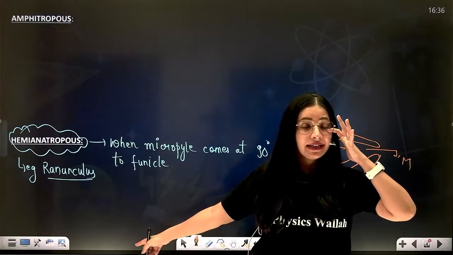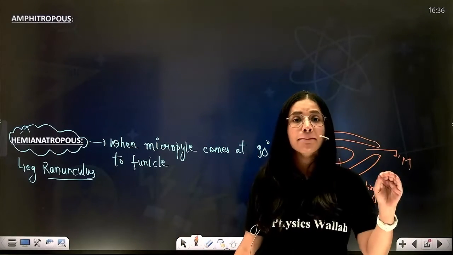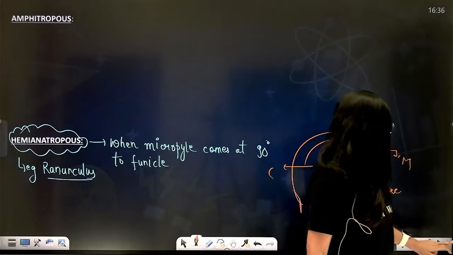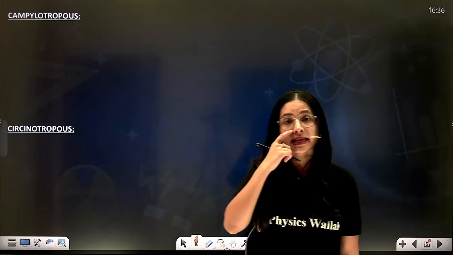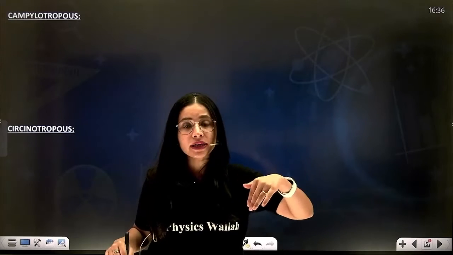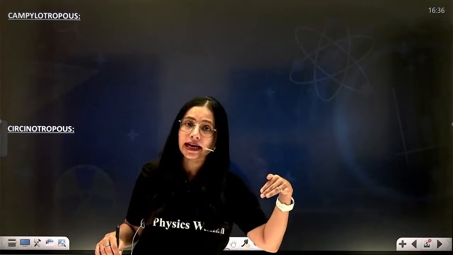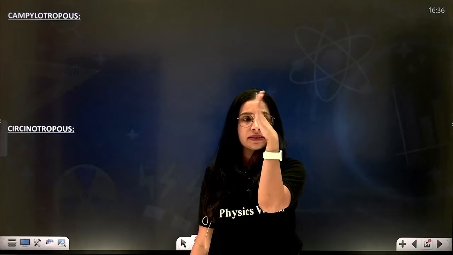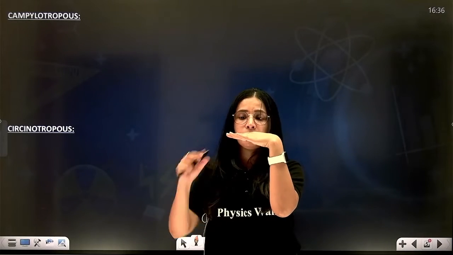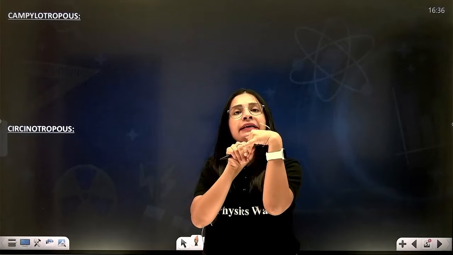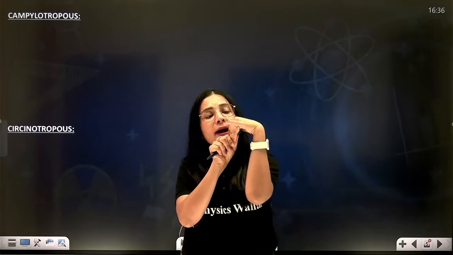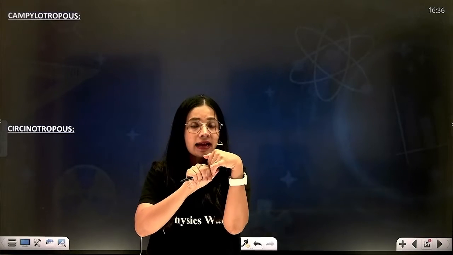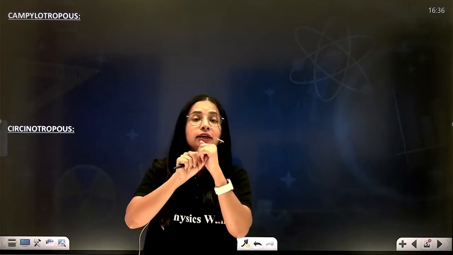Moving towards the next type of ovule, campylotropous. Campylo means angle even less than 90. Again, see, this was orthotropous. This is hemianatropous. Now, you bend it more. Bring micropyle closer to funicle, decreasing the angle from 90 to acute.